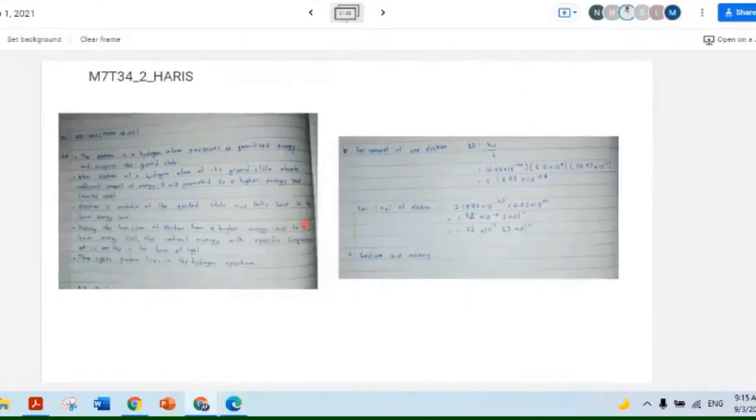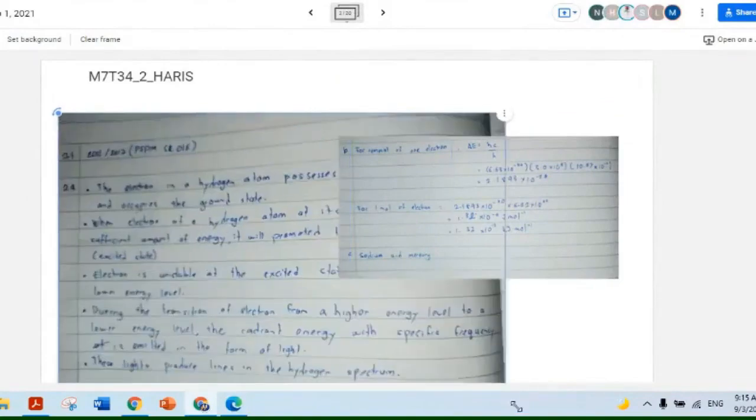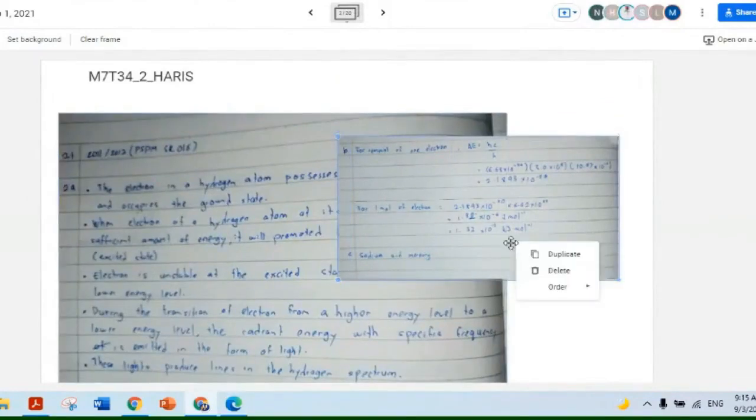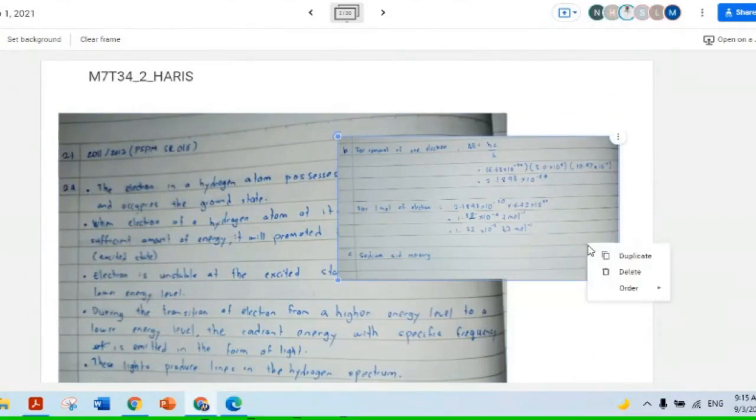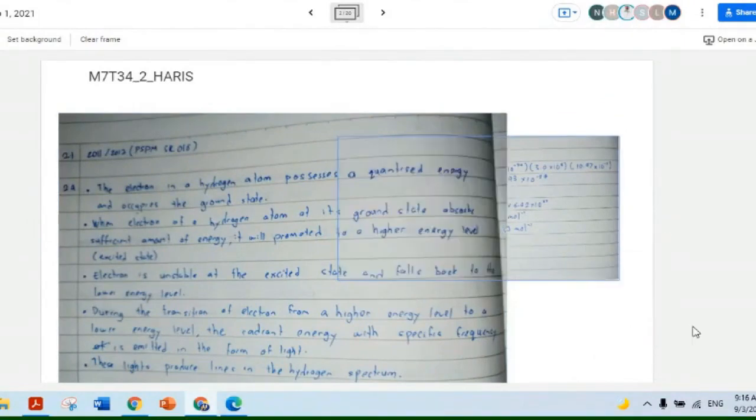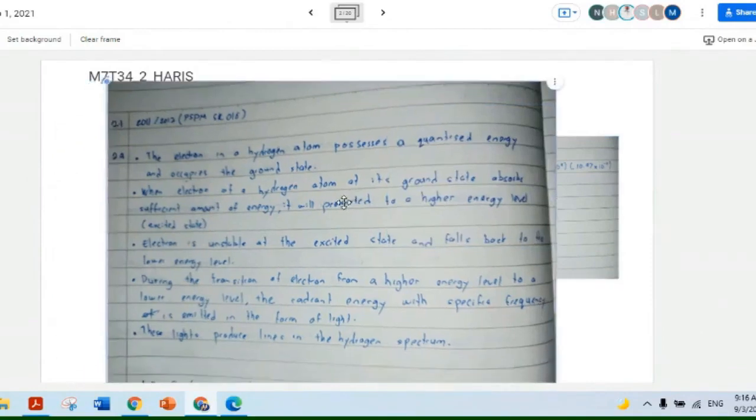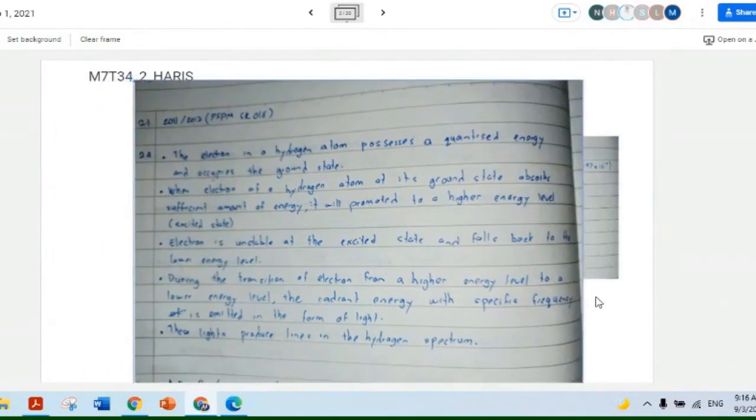Okay, Harris, what are your keywords? Let's check. Okay, I enlarge it. So Harris, what are the keywords? First one: the electron in the hydrogen atom possesses a constant energy at the ground state.